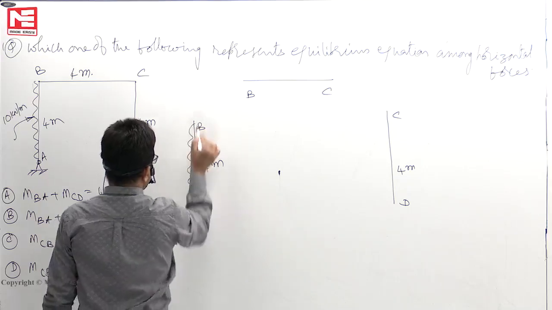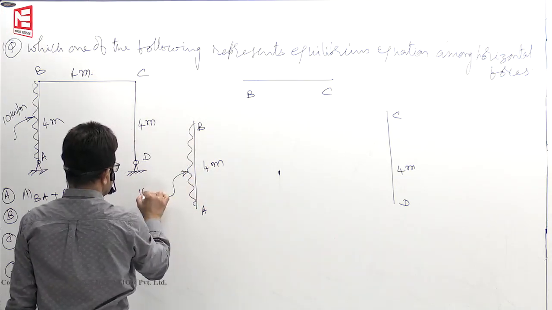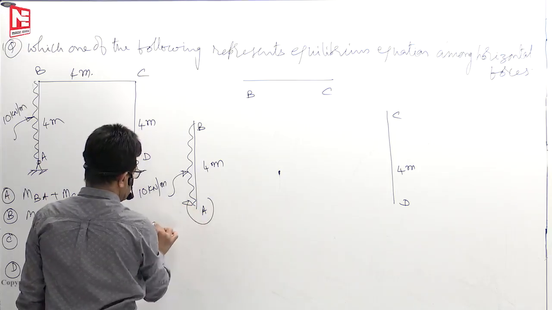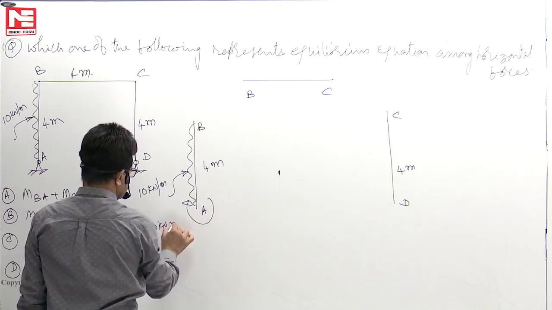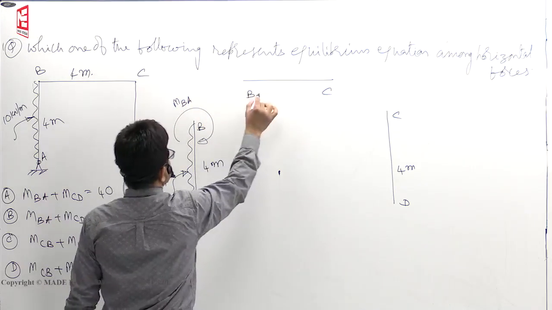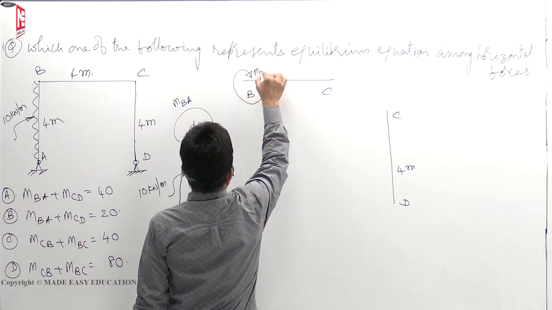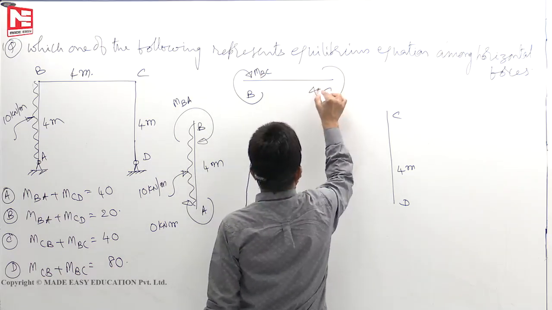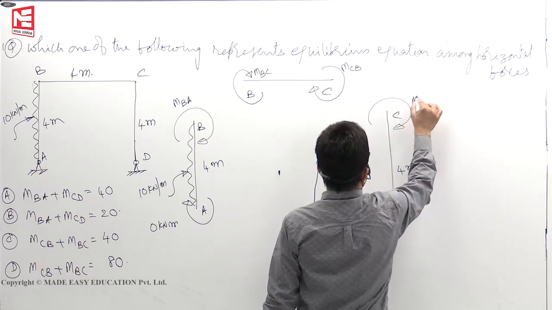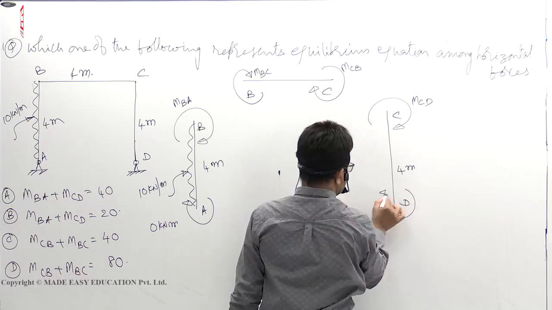Then we have UDL of 10 kilonewtons per meter. This moment is 0. This is MBA, MBC, MCB, MCD. This is 0.